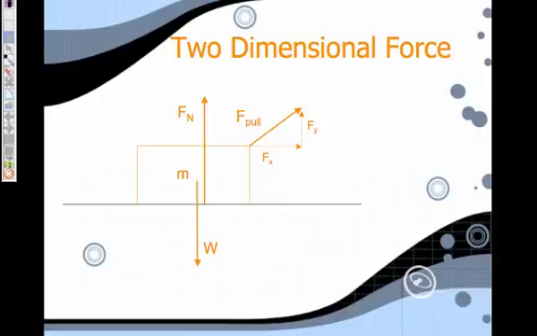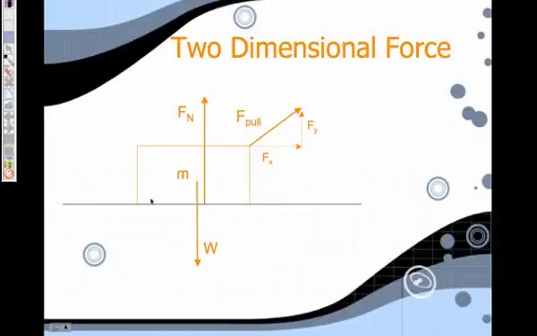Okay, so there was a problem like this one, a little bit, where you're pushing on an object, pushing or pulling. So if we look at all the forces on this object, we have the mass, and Fn is the normal force.